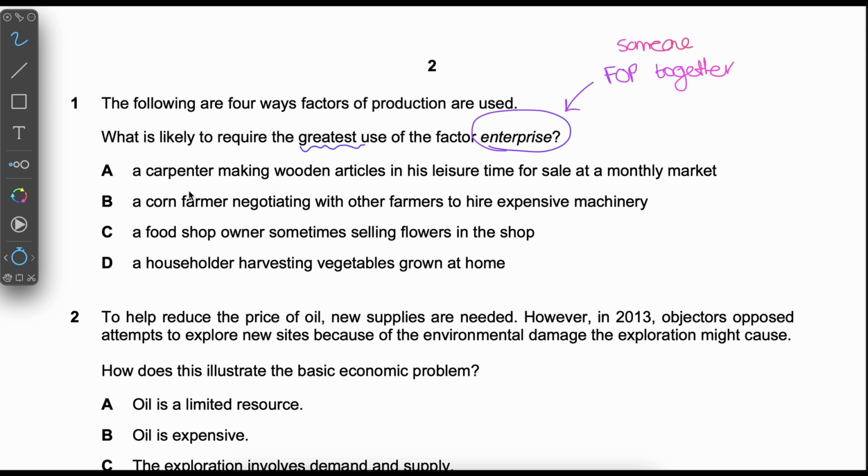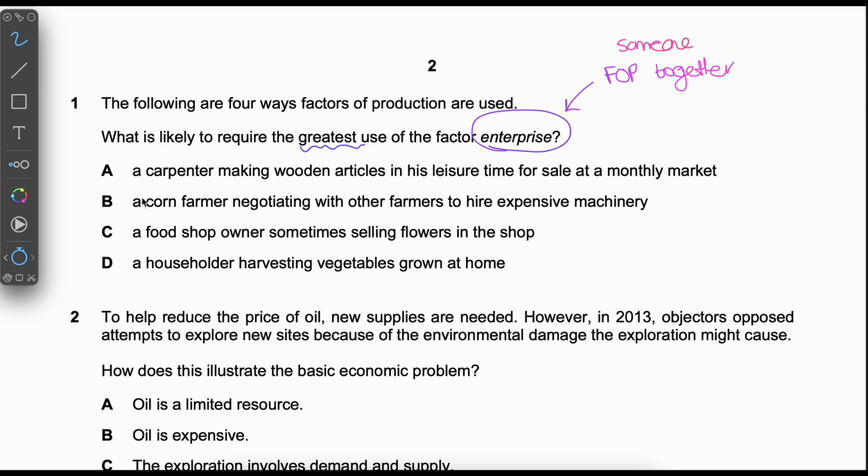Pretty much all of these are people who are kind of starting their own business. However, the question asks, and this is where your English comes in very handy with these multiple choice questions, it is a skill in itself, which is likely to require the greatest use of the factor enterprise.